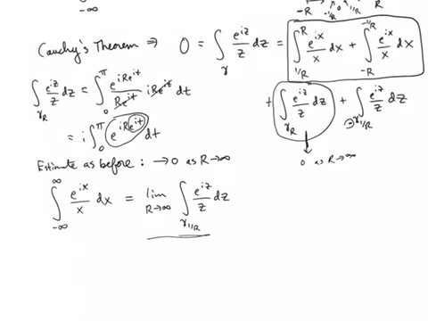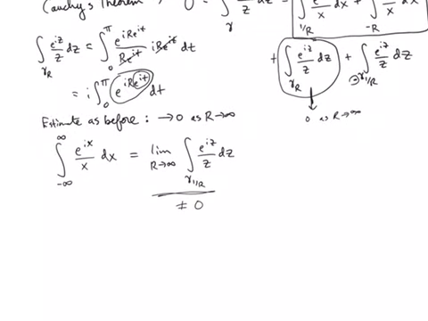This limit here is not going to be 0 as r goes to infinity, because if we take a look here, this is the integral from negative infinity to infinity of cosine x over x dx plus I times the integral from negative infinity to infinity of sine x over x dx, right? And this is the integral we're interested in.